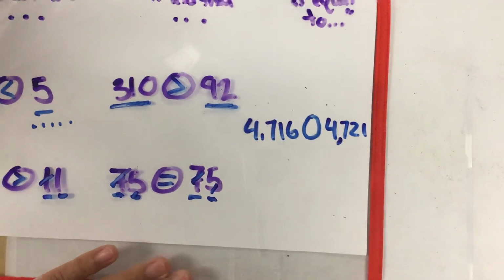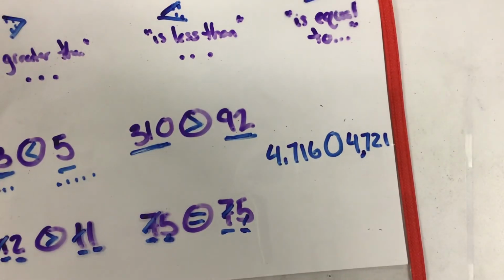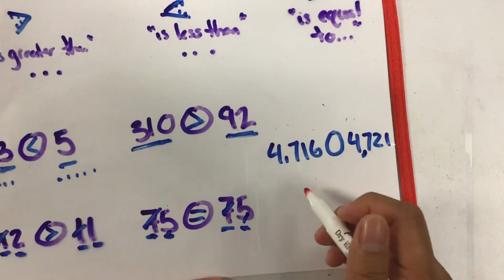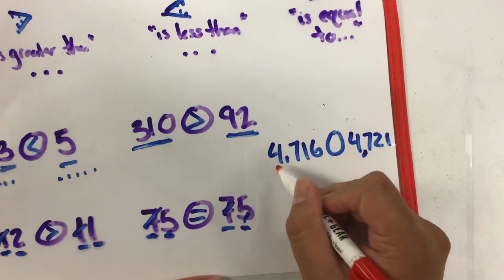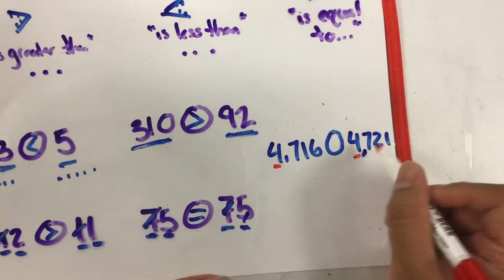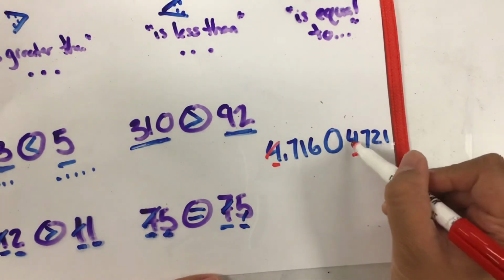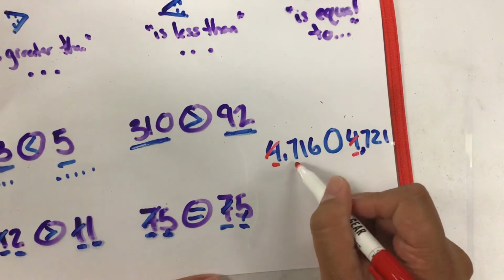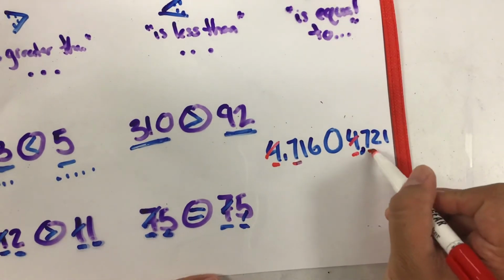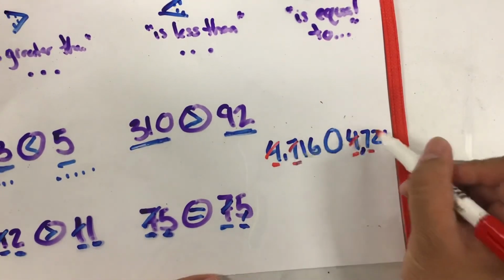All right. So when we're looking at this number, we see a 4-digit number on both sides. Well, we're going to start comparing our digits starting from the left side. So here we have a 4 and a 4. So those are the same. We don't need to worry about that. Here we have a 7 and a 7 in our hundreds places. Don't need to worry about that.